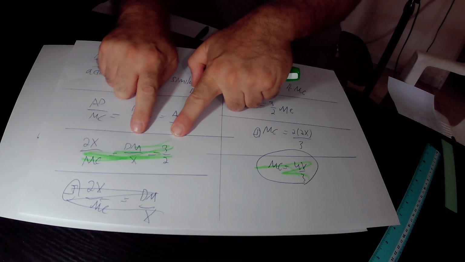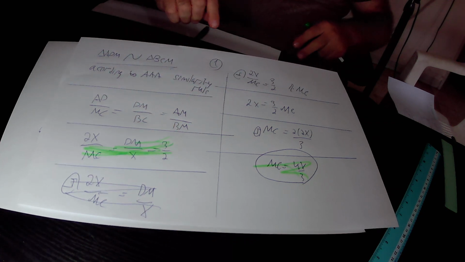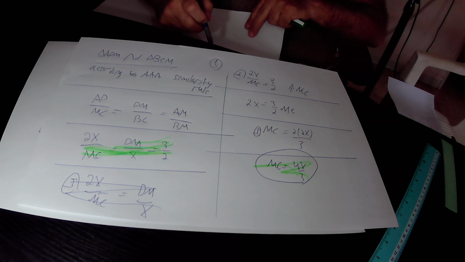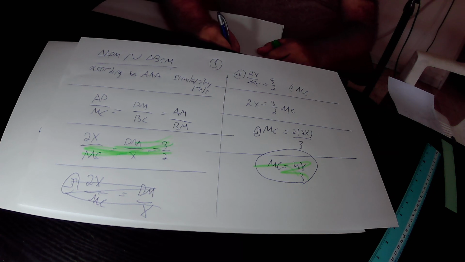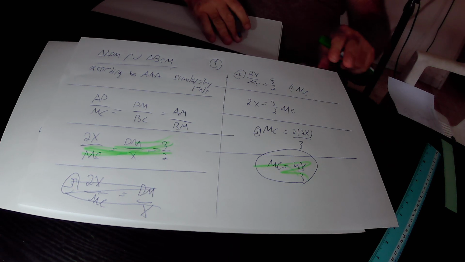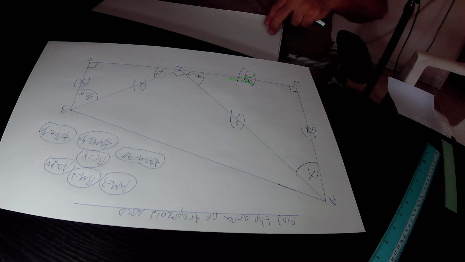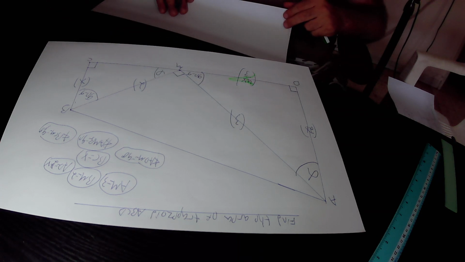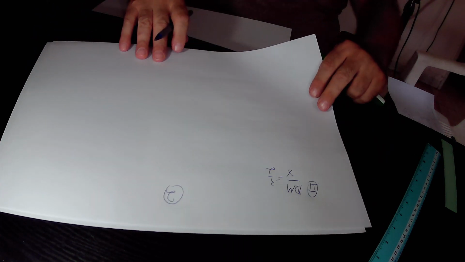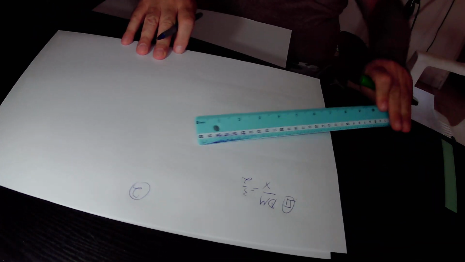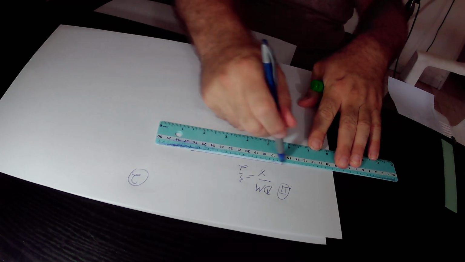According to equation 2, we get that DM over x equals 3/2.